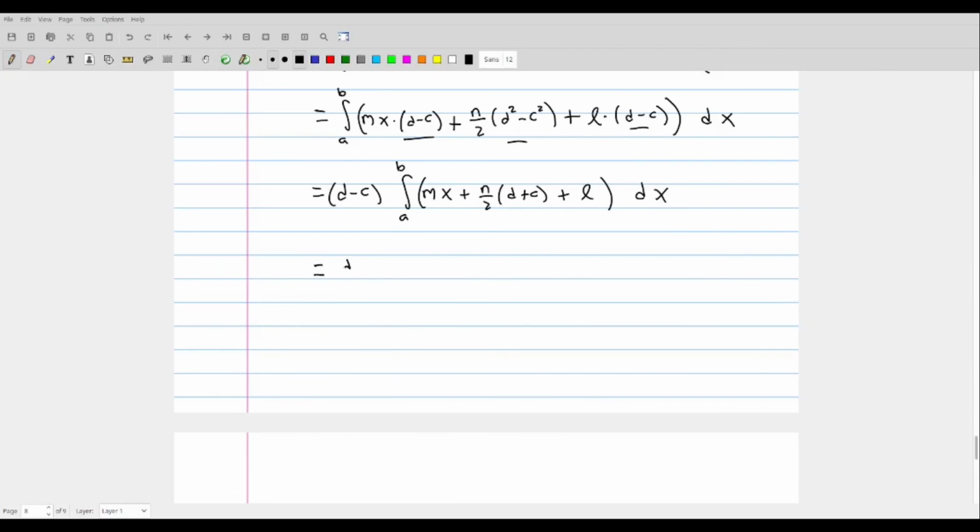So when we go through and do the antiderivative of this expression, we get that this is going to be mx squared over 2 plus n over 2 times d plus c times x plus L times x.